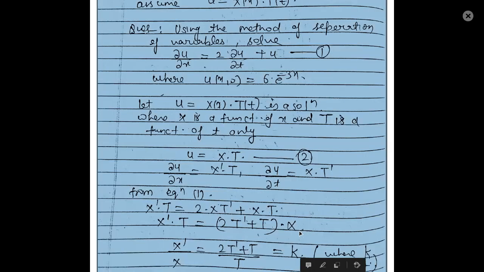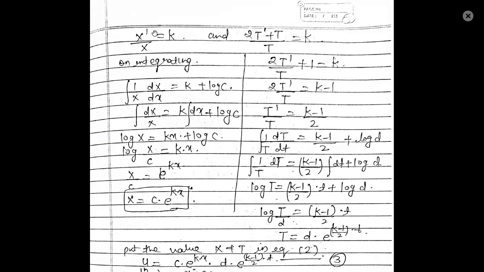Next we will consider X dash upon X is equal to k, our constant, and (2T dash plus T) upon T is equal to k, right? Now we will solve these two separately. On integrating both sides, X dash upon X gives log X, and the right side is kx plus log c.